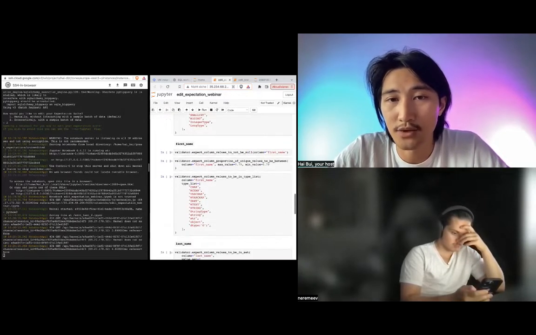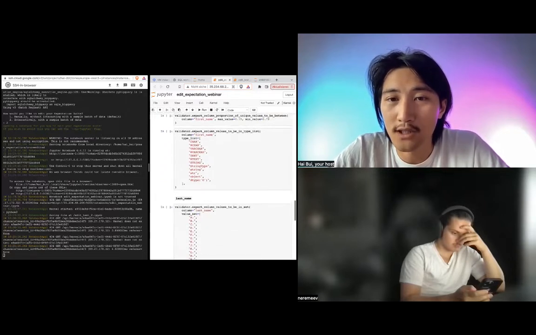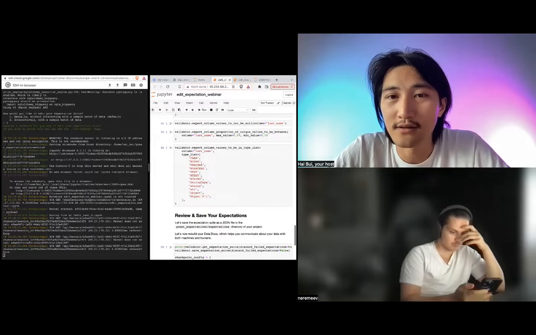And here it shows you the tests of all the columns and on the table level.